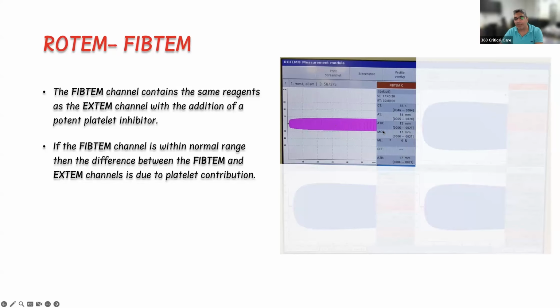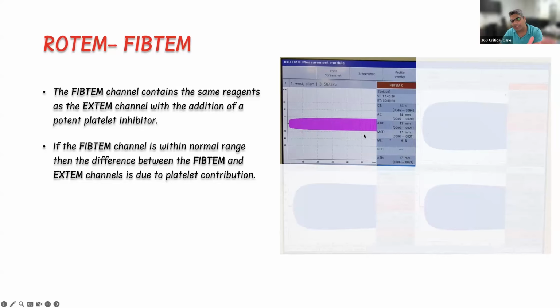So if the FIBTEM is normal, where the platelet function is neutralized, and you find abnormal EXTEM here, that means the fibrinogen is normal, but the abnormality is because of the platelets. Do I make sense? So in the FIBTEM channel, whatever you see is because of a fibrinogen problem.